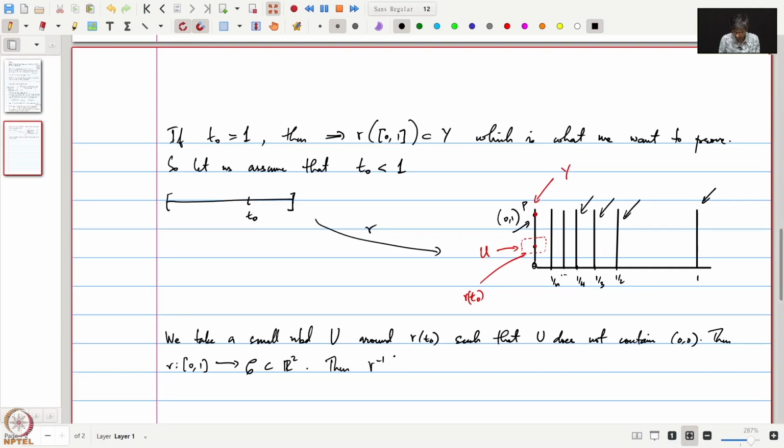Then gamma inverse of U, viewing gamma as a map from [0,1] to R2, is open in [0,1], and so it contains the interval [T naught, T naught plus epsilon) for some epsilon positive.